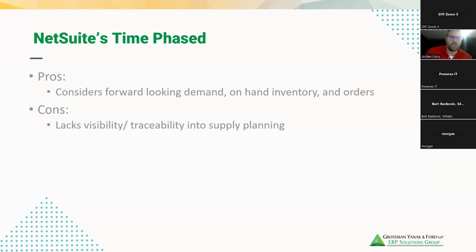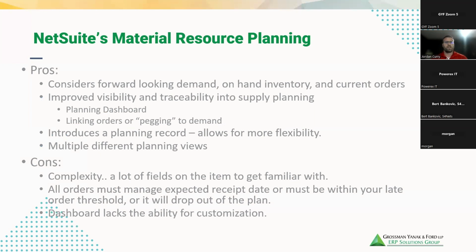And then obviously the order items page as well. You can view that. All the suggestions that it has will pop up on that page. But it doesn't really pull it all together very well. And that's really where they made some improvements with material resource planning, which is what we'll talk about next.